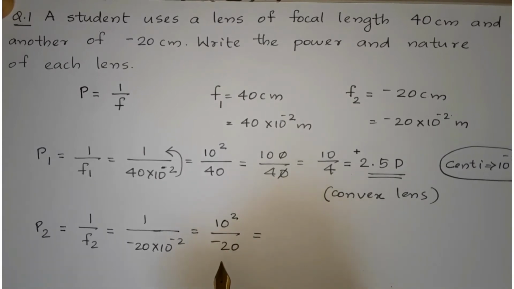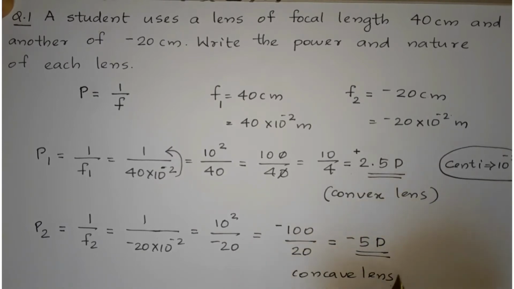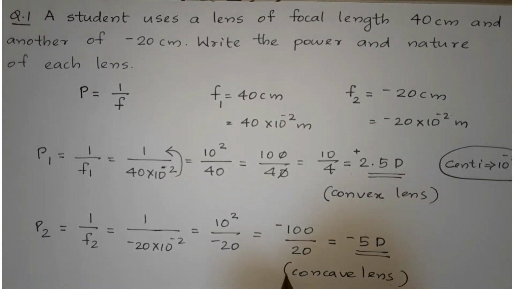A positive number divided by a negative number, the answer is negative. So this is minus 100 by 20 and that is equal to minus 5 diopter. See here, the answer or the power is negative, means it is a concave lens. Concave lens. So that is the answer.